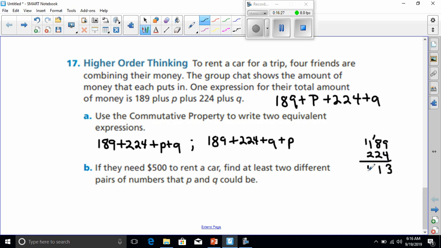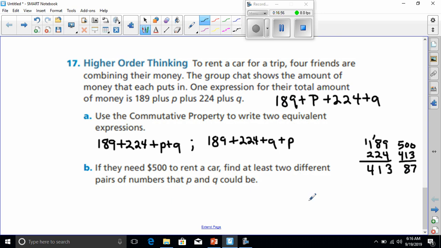That's going to be $413. So I have to subtract 413 from 500 to see what I need. And that's going to give me $87. So I need to pick two numbers that Q and P could be that are going to equal $87.